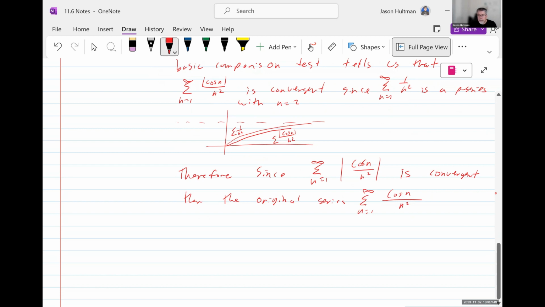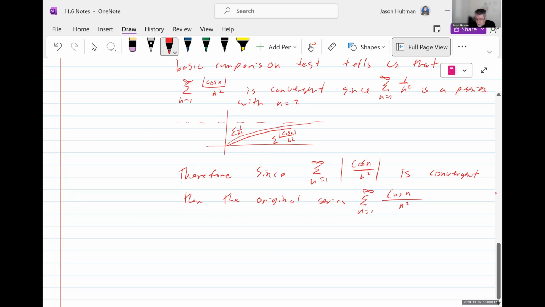Which are going to be smaller than all of the positive values, and it'll alter some of them. It'll behave like an alternating series, although it doesn't truly alternate, but half the terms are going to be positive, half of them are going to be negative, and you're going to get the negative ones to cancel out from the positive ones. You're going to get some subtraction off.